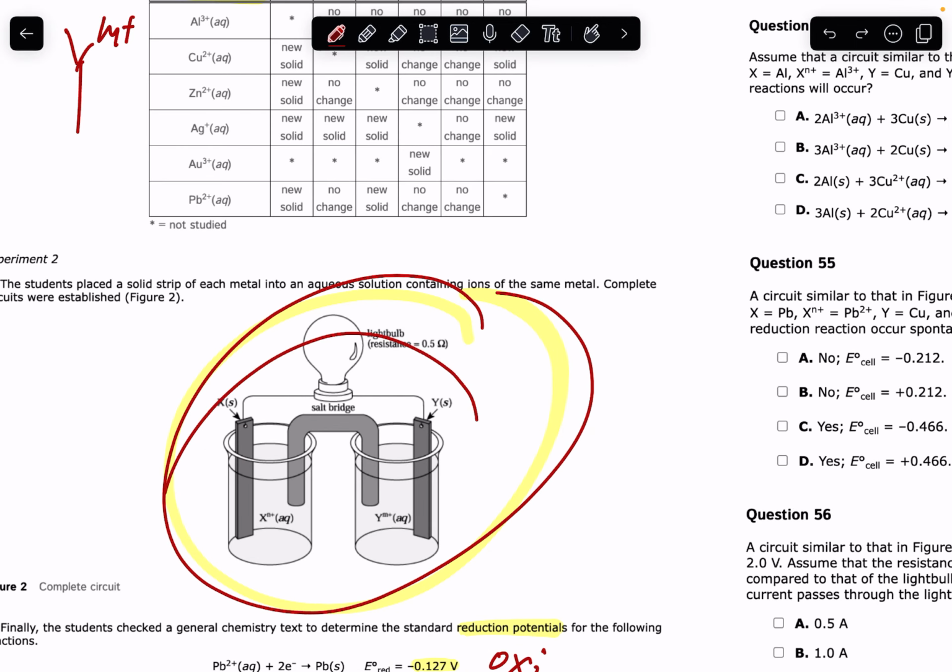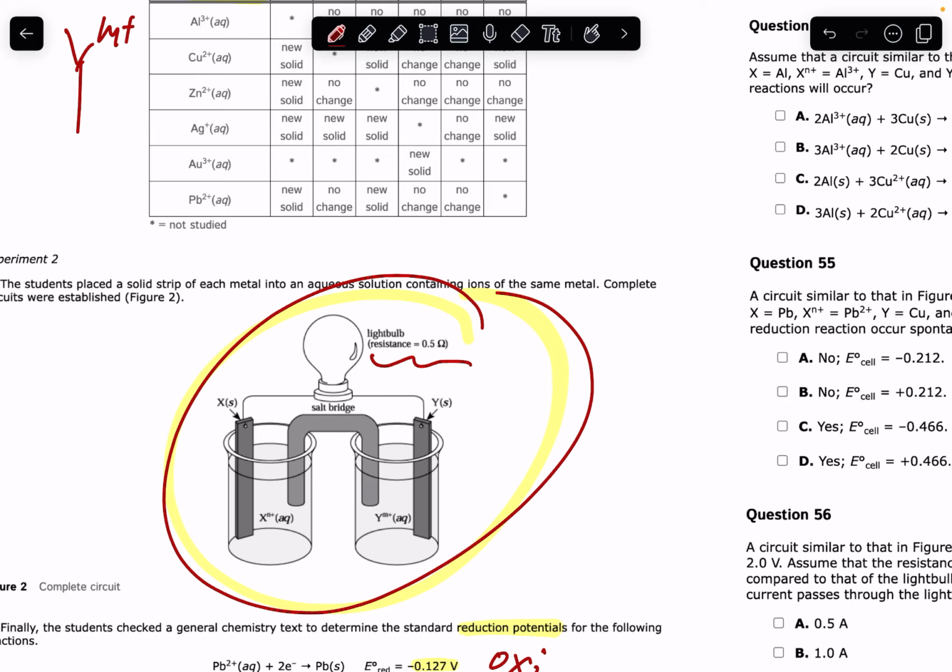It's basically like a battery. It will light up the light bulb. But this light bulb itself, having electrons flowing through it, creates some resistance, okay? It kind of inhibits the current flow and the electron flow.